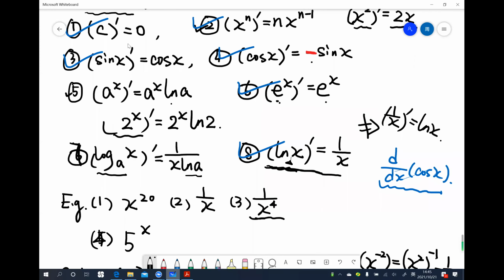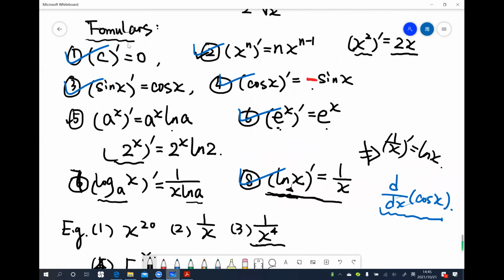You can use the formulas just as, if I want you to calculate the derivative of a constant, that equals 0. The derivative of the function cosine x equals minus sine x. You can just use them from the left to the right.